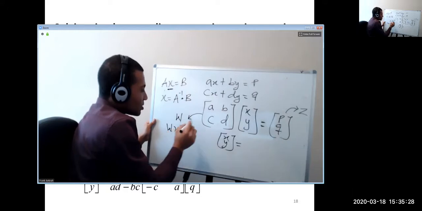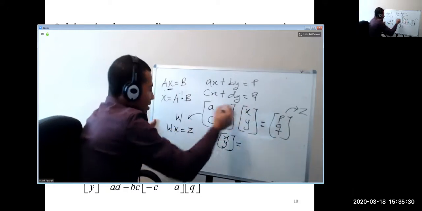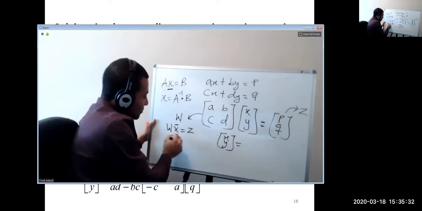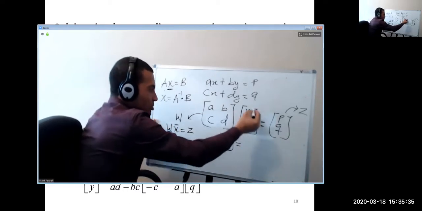Why don't I make this x bar. So I'm trying to find x bar here, this whole matrix.